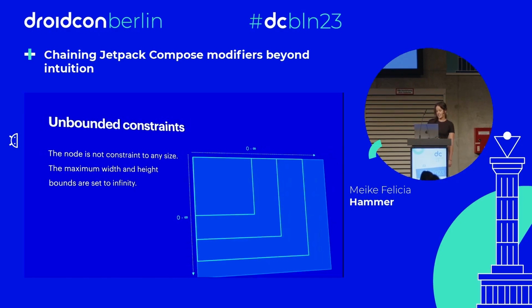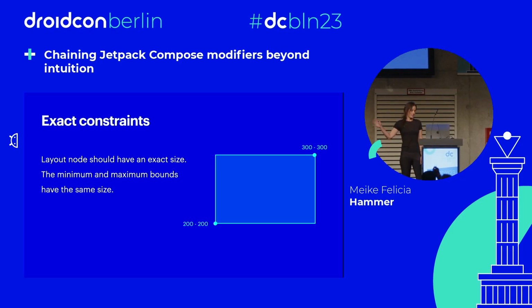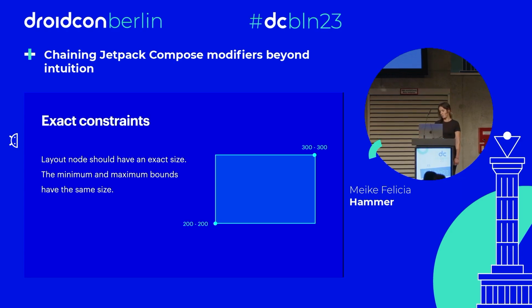And additionally, there is of course the exact size constraint, where the min and max value for each axis are set to the same size. So we can say min is 300 and max width is also 300. And for height, we also only have the option to go from 200 to 200.